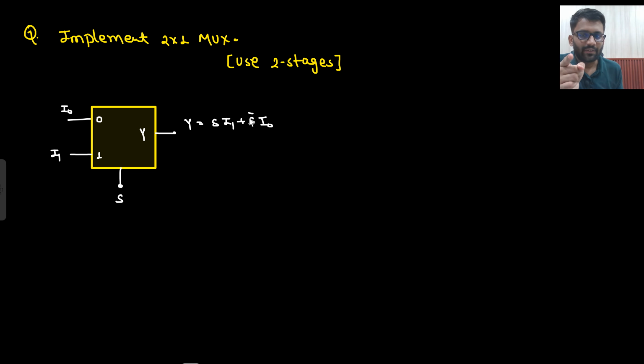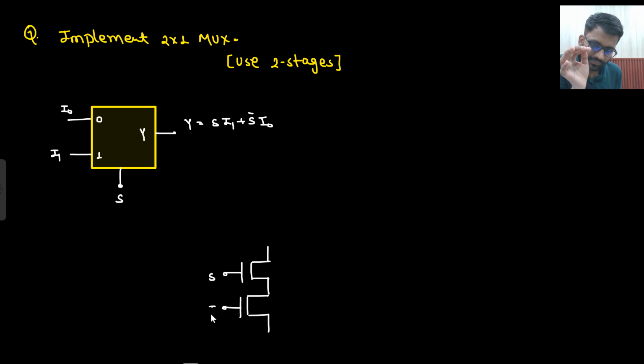So S I1 plus S bar I0. This you should implement on your own. S into I1, that means S and I1 will be in series. Now S bar I0, S bar and I0 will be in series.